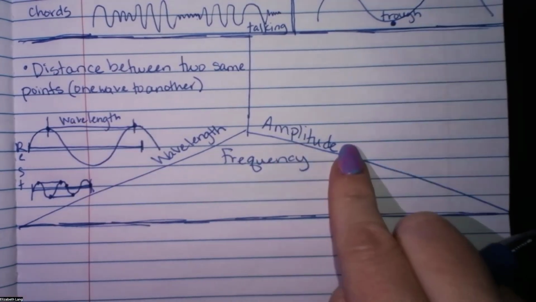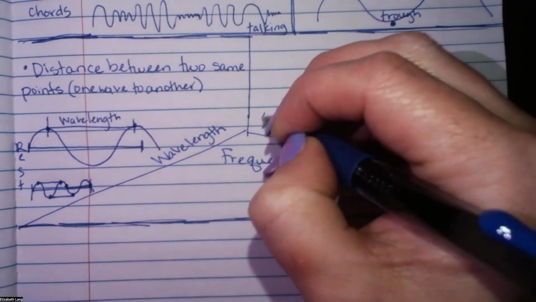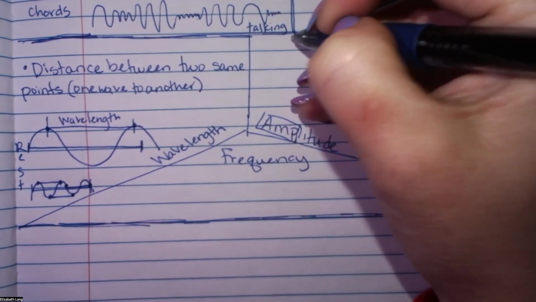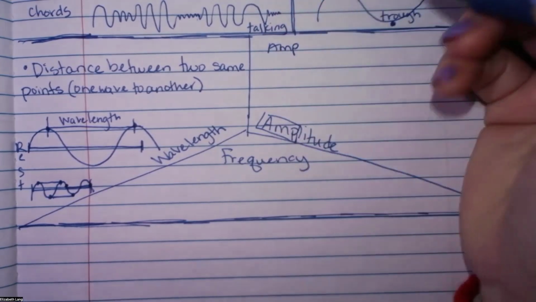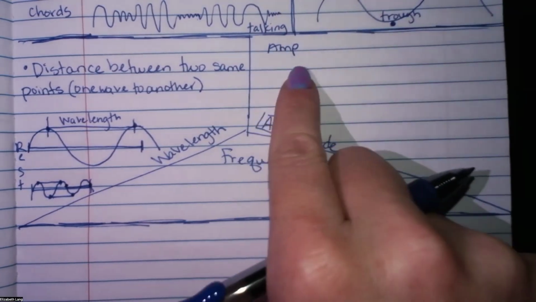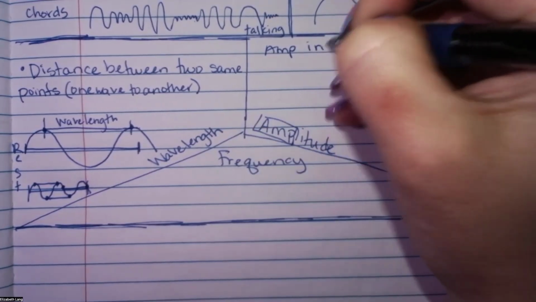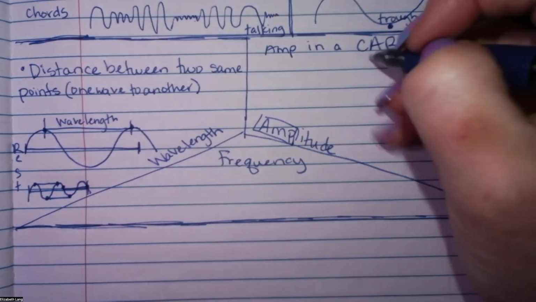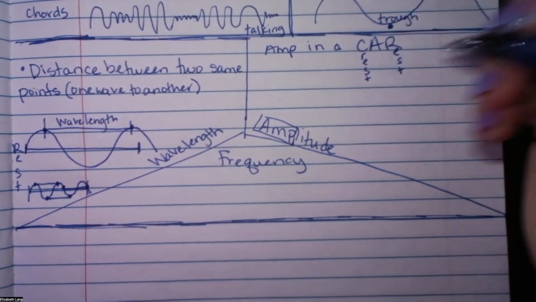All right, let's talk about amplitude. Amplitude, amp, for my car people. This is how I remember this one, amp. So think about an amp, like an amplifier, like a stereo system. Amps are stereo systems. So an amp in a car. Amps are in a car. So this is crest to rest.